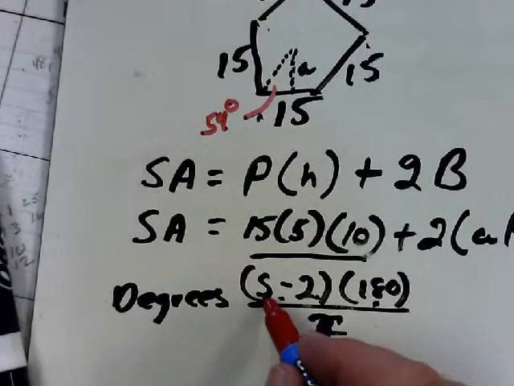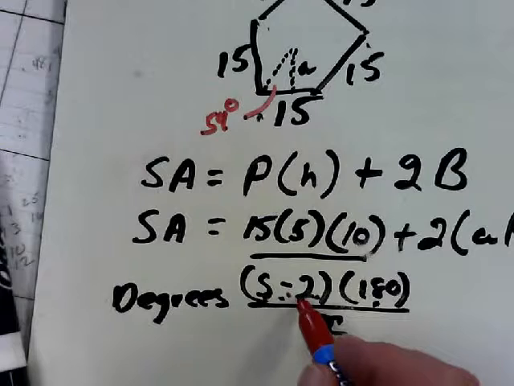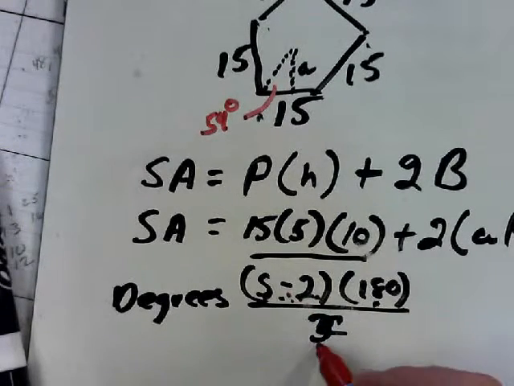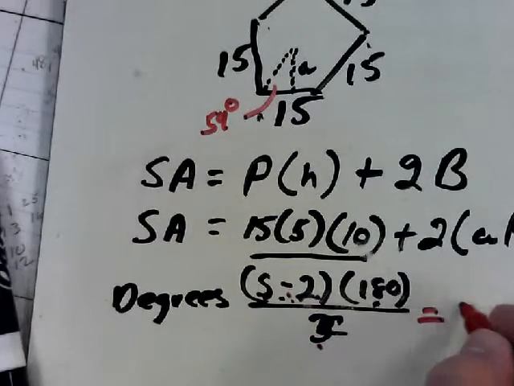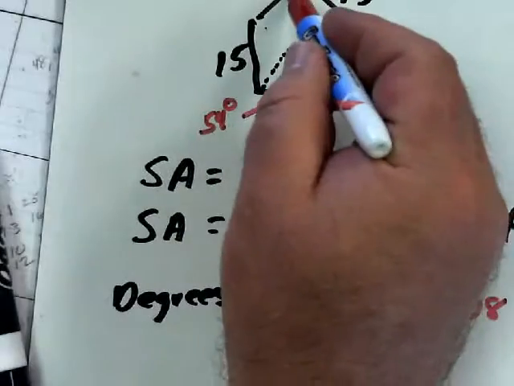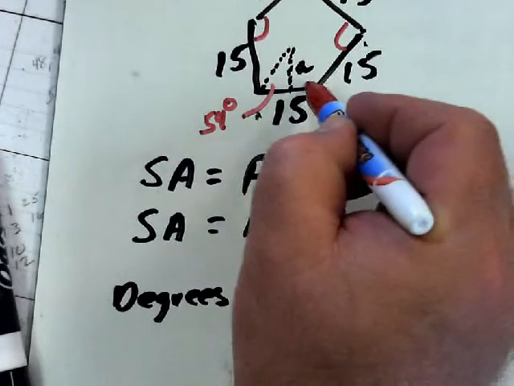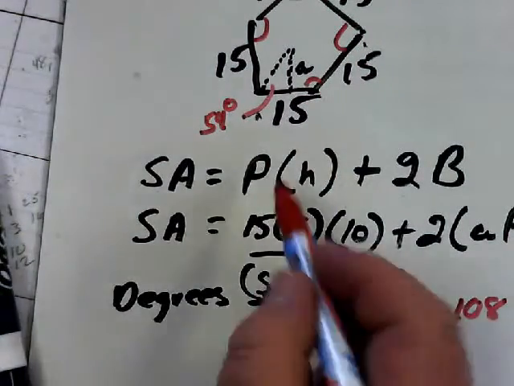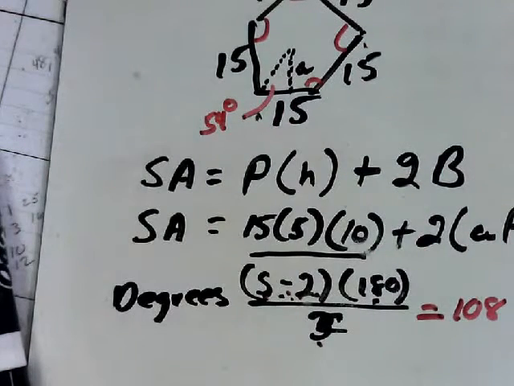Number of sides was 5, 5 minus 2 is 3. 3 times 180 is 540, divided by 5 gives you 108 for the entire angle. Then I have to divide that by 2 because I just want this little part of that angle, which gives me 54.